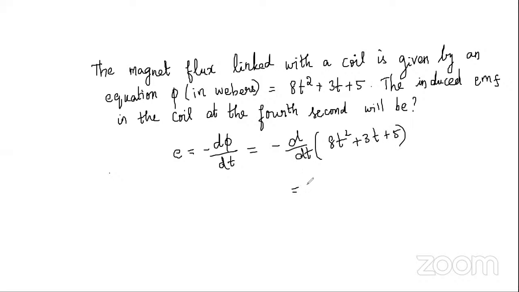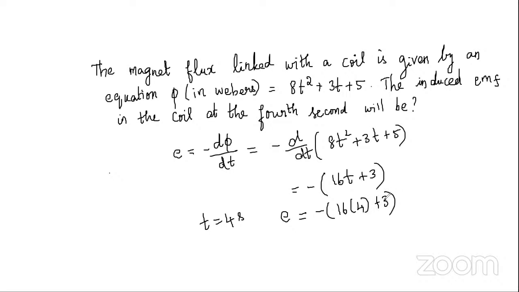When you differentiate this with respect to time, you get 16t plus 3. They have asked us to find the induced EMF at t equal to 4 seconds. So E equals minus of 16 into 4 plus 3, which is minus 67 units. The unit is volt. This is your answer.